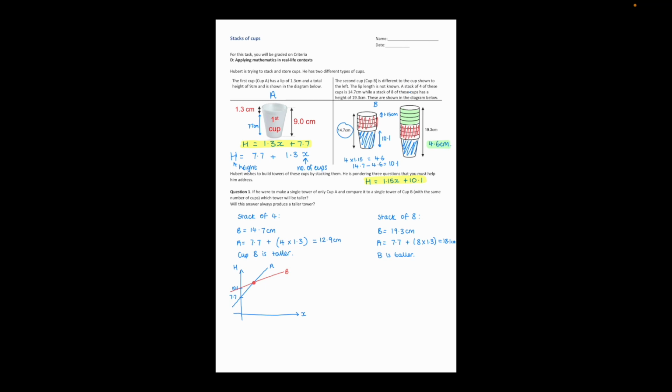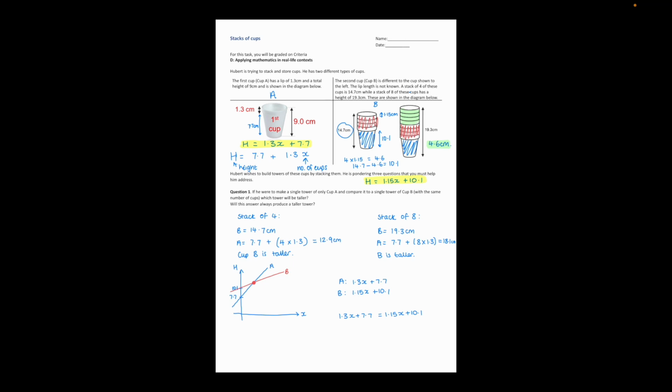So to do this, we're going to have cup A, which is 1.3x plus 7.7, and we've got cup B, which is 1.15x plus 10.1. And we're going to try and find when are they equal to one another. So 1.3x plus 7.7 is equal to 1.15x plus 10.1.